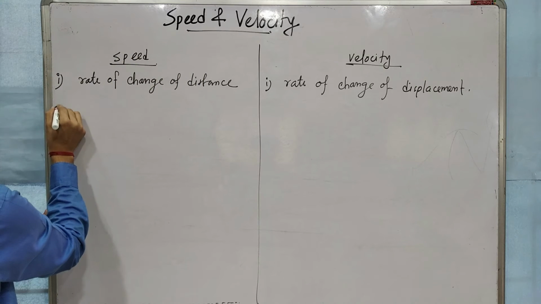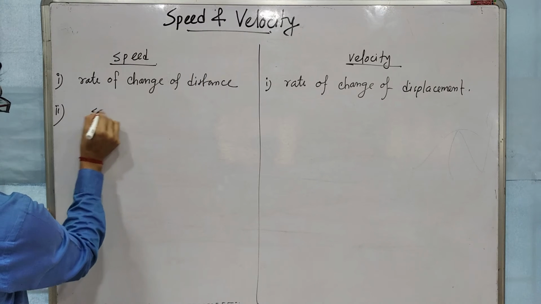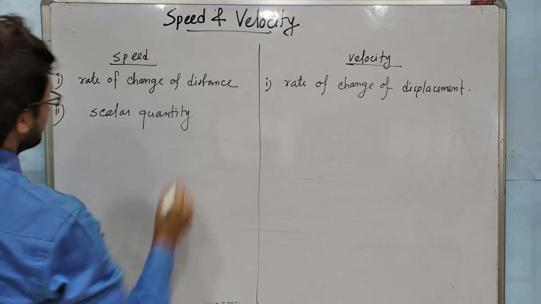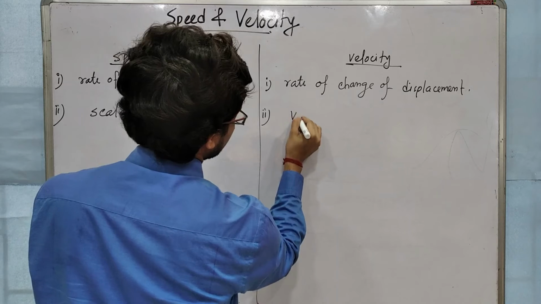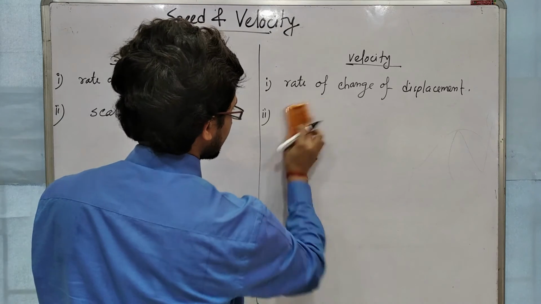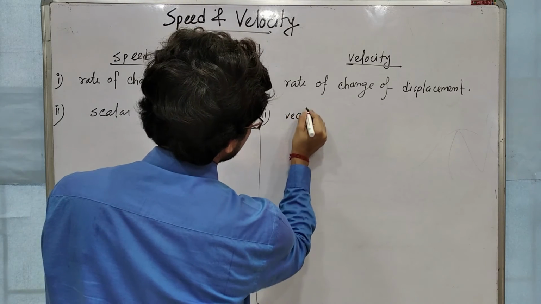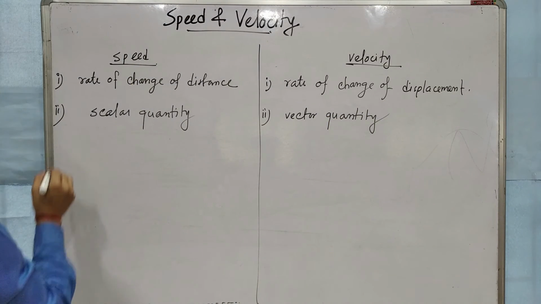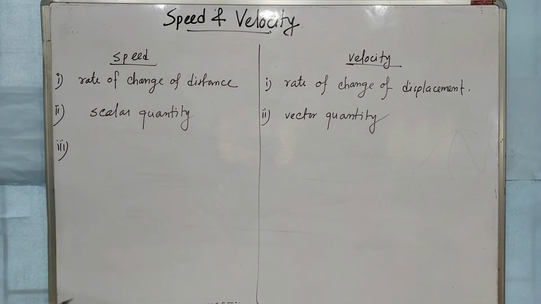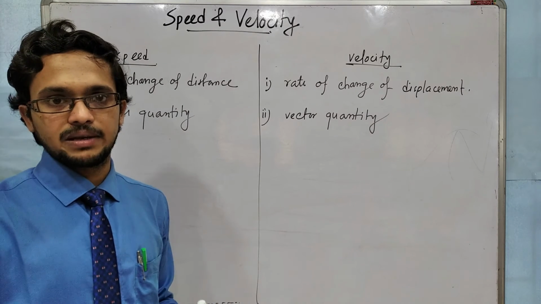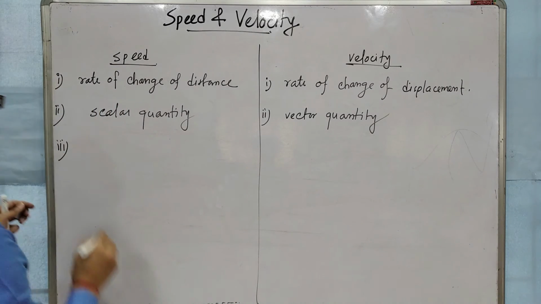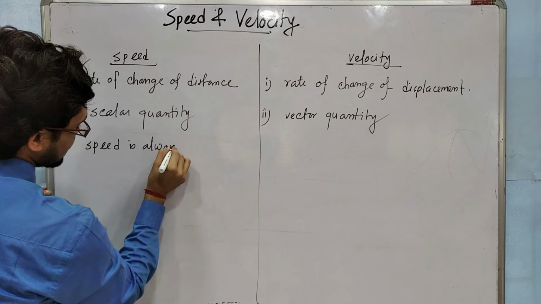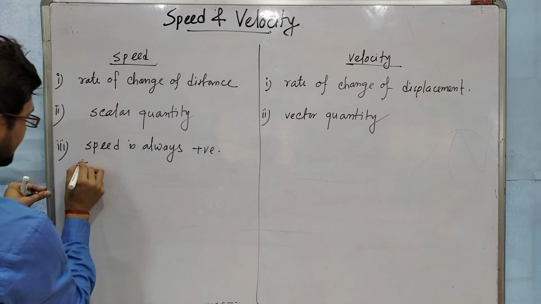Second one, speed is a scalar quantity, and velocity is a vector quantity. Third one, speed can never be negative because we do not consider direction here. So speed is always positive.